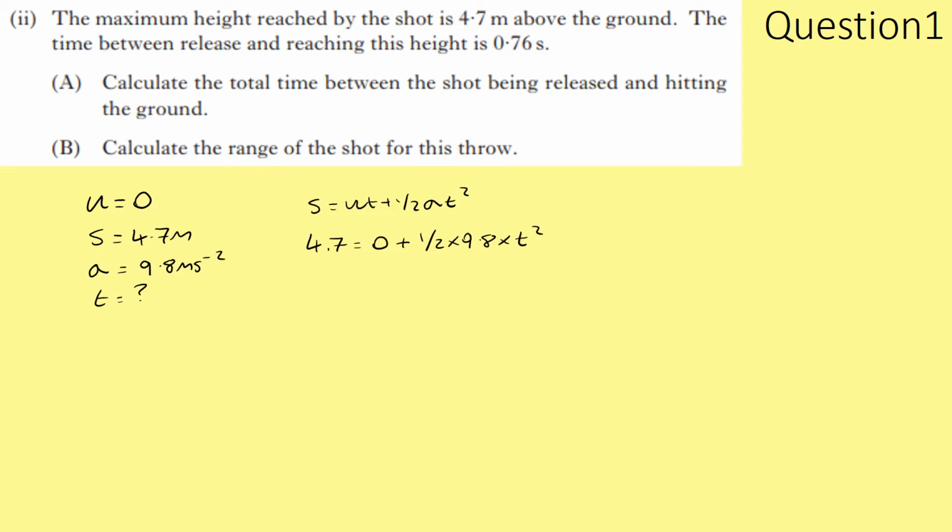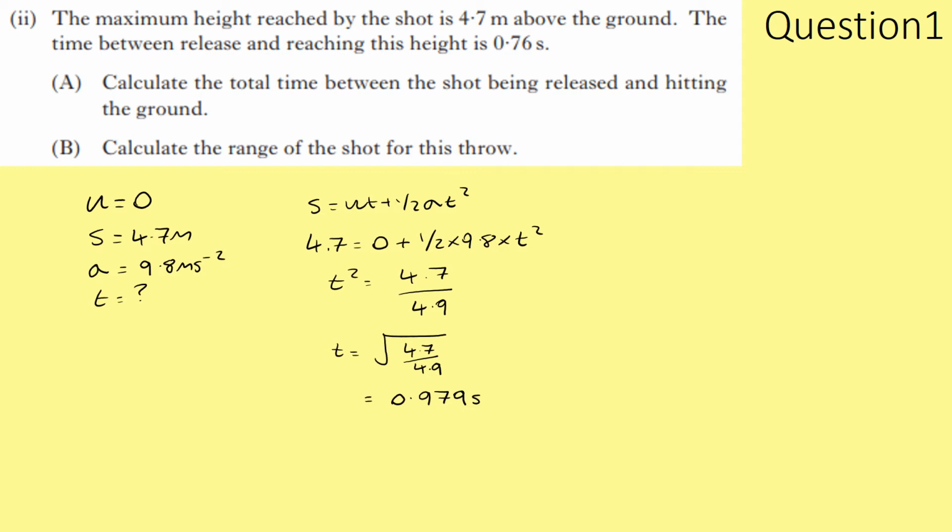We can rearrange this and say that t squared is equal to 4.7 divided by half of 9.8, which is 4.9. t is equal to the square root of that, giving us a value of time of 0.979 seconds.